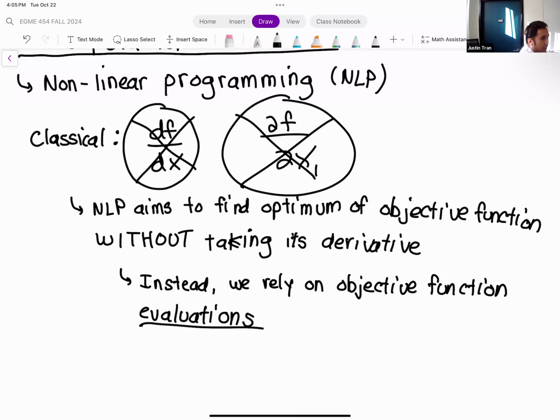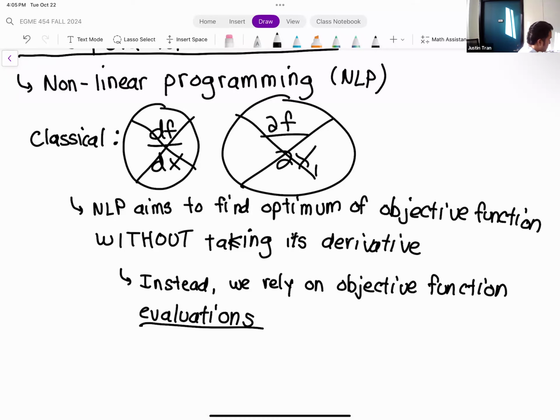And all an objective function evaluation is, is that we take our objective function and plug in a certain value of x, and then we just get the result.